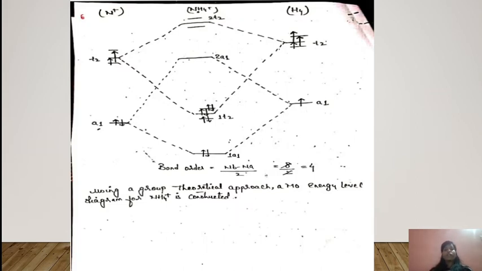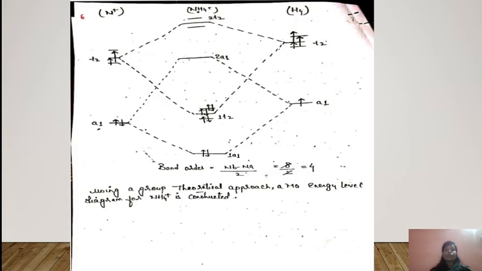In N plus, when one electron is released, A1 contains two electrons and T2 has two electrons, and for hydrogen there are four electrons distributed in A1 and T2.